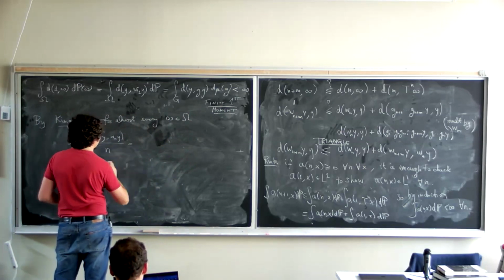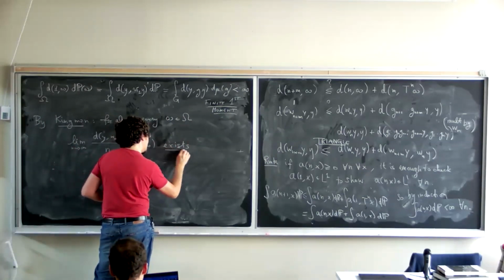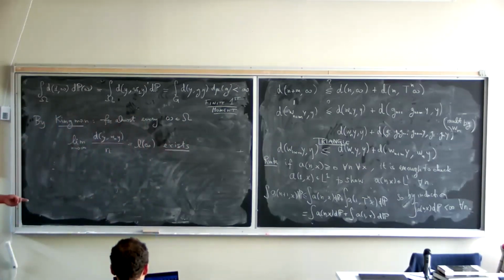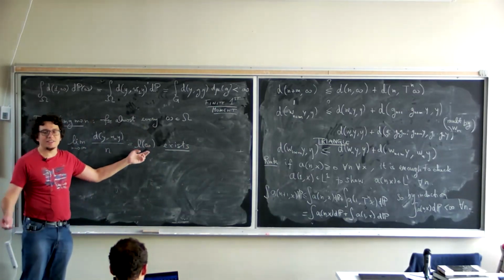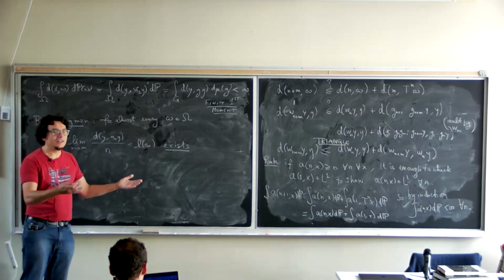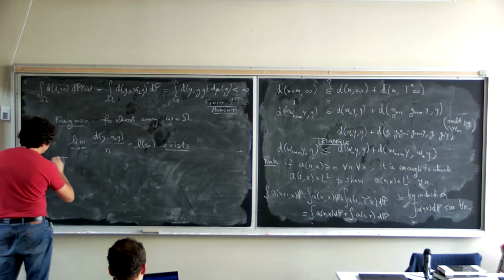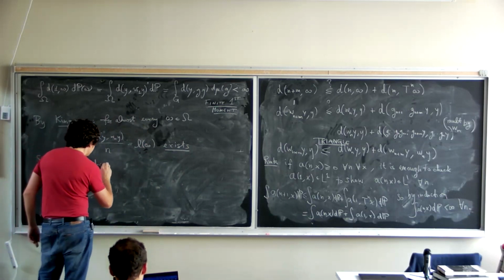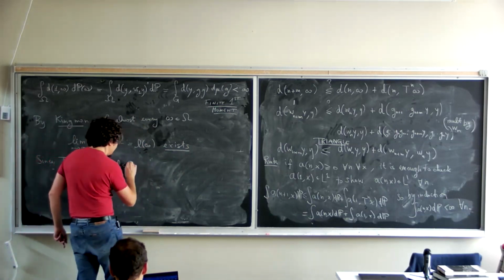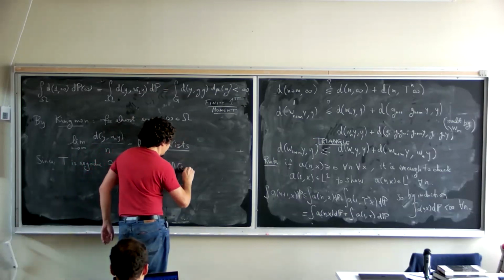We can call it L of omega. Now, the other thing we just have to realize is that this is a constant. And why is this a constant? By ergodicity. Since T, the shift, is ergodic, there exists a constant L such that L equals L of omega almost surely.